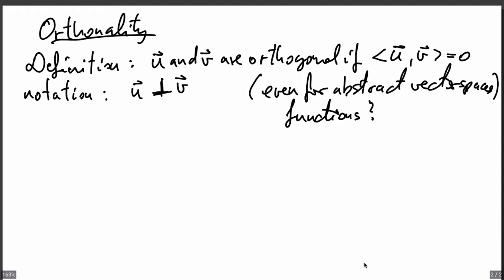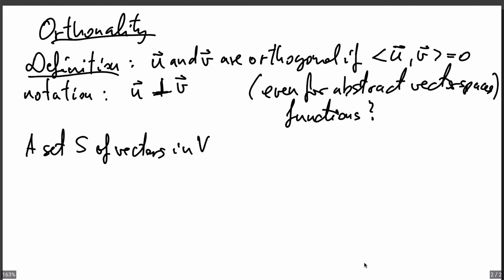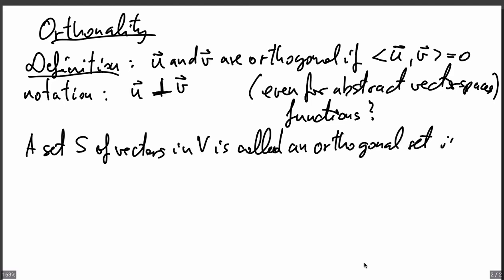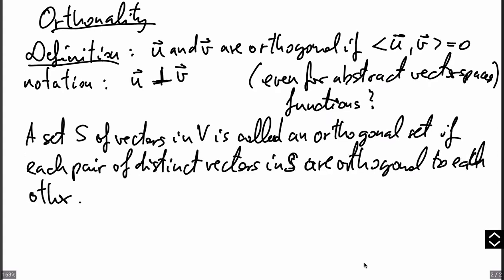We have an additional definition saying that a set S of vectors in V is called an orthogonal set if each pair of distinct vectors in S are orthogonal to each other.